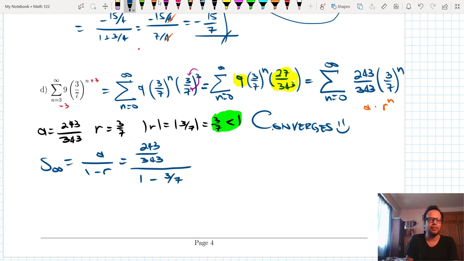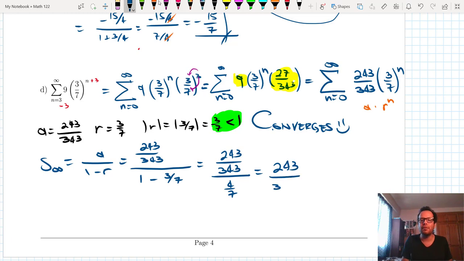So this is basically 7/7 minus 3/7. I get 4/7. So 243 divided by 343 divided by 4/7, and then dividing by a fraction is the same as multiplying by the reciprocal. 243 divided by 343 times 7/4.